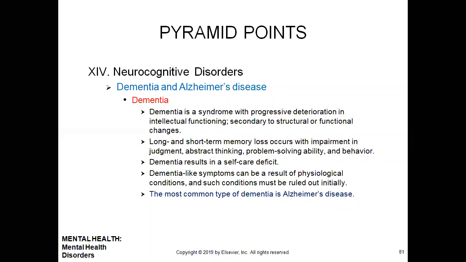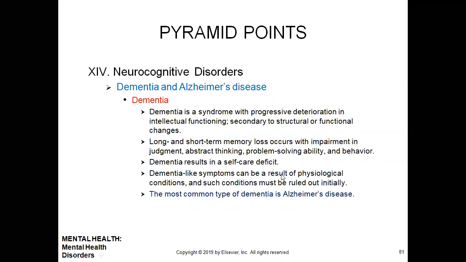Critical thinking and problem-solving ability are reduced, and there are also behavior problems. Dementia results in a self-care deficit. They forget where they left their belongings: keys, glasses, hearing aid.